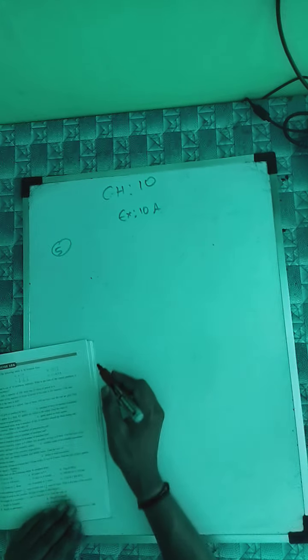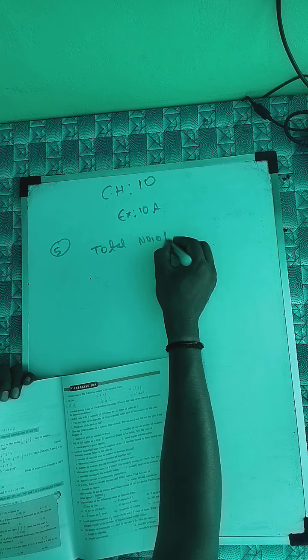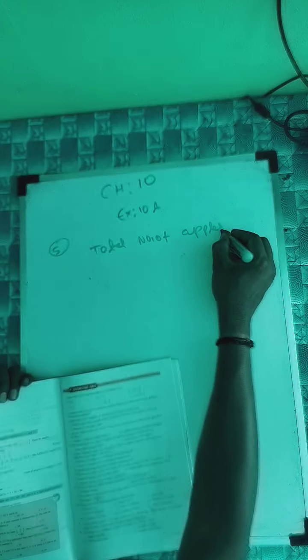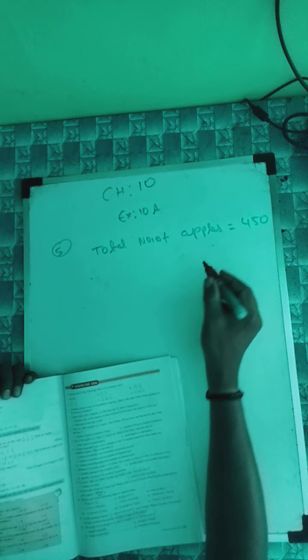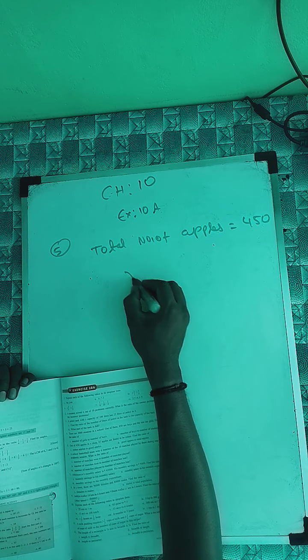Next, question number 5. Out of 450 apples in a shop, 85 apples are found to be rotten. Find the ratio of rotten apples to the good apples. So here, the total number of apples is 450. And 85 apples are found to be rotten.